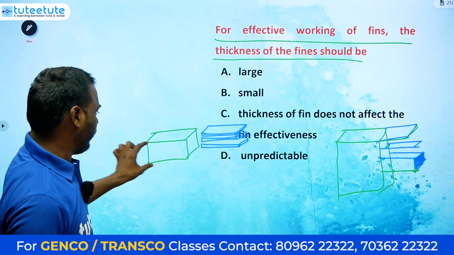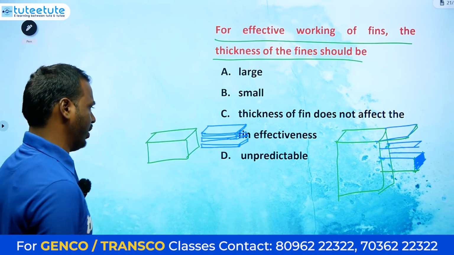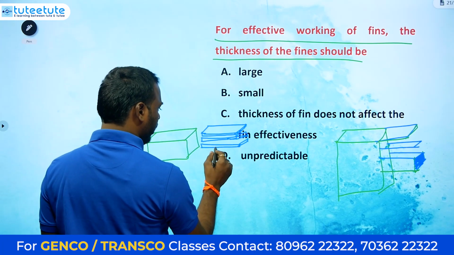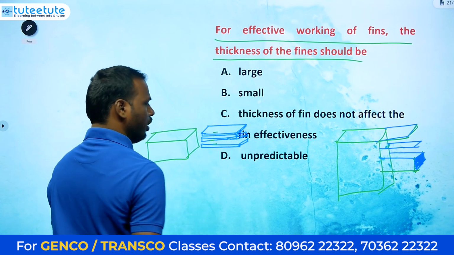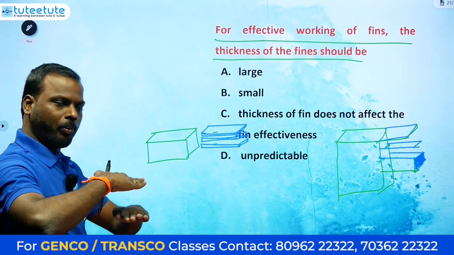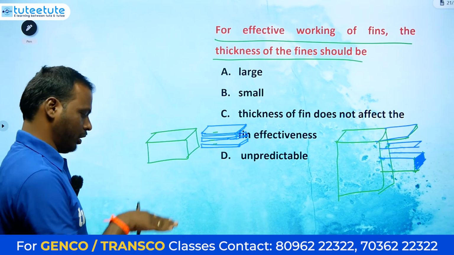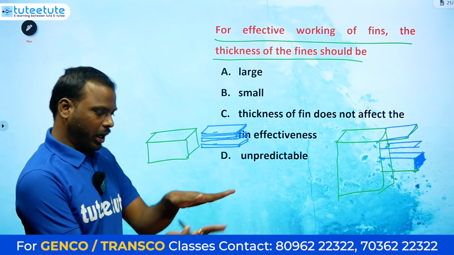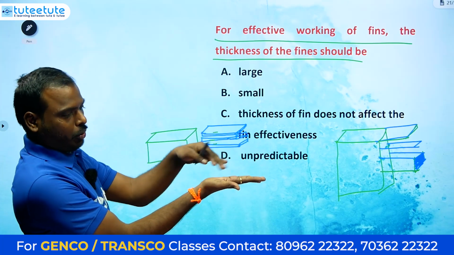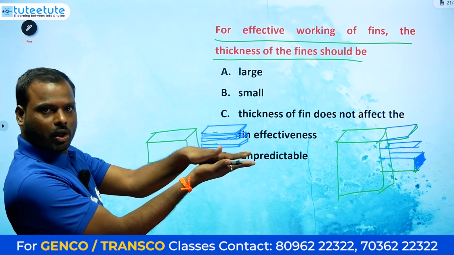Likewise, with the same length, I have taken 3 fins. Here, if you are observing the area, what happened? This area, this area, this area, there are 3 areas, top and bottom, top and bottom, top and bottom. But here, if you are looking, only 2 areas, like this. If you are adding these 2, there will be 2 areas missing. Yes or no?